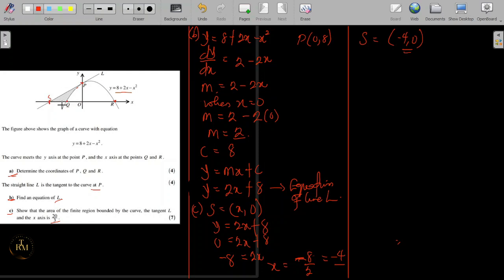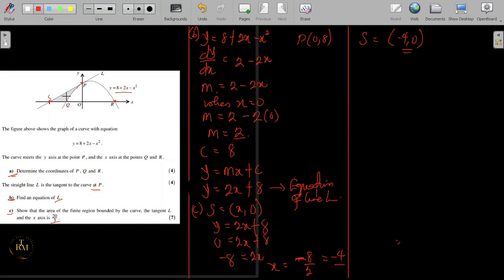So for the straight line, which has an equation of 2x plus 8, I'm going to integrate this 2x plus 8 from minus 4 to 0.